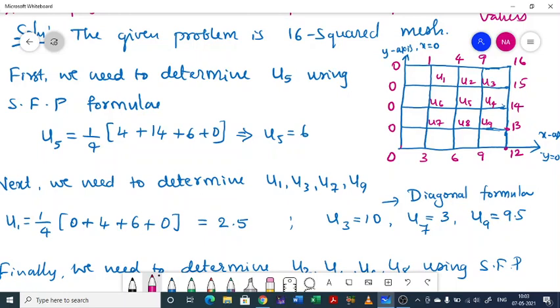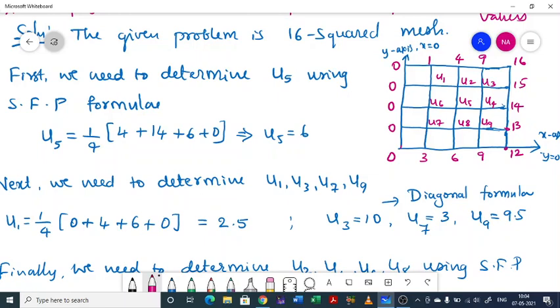Whatever the value we have right now for u2, that we have to use here. u2 plus u6, again u6 plus u0. Similarly you have to determine u2, it will be the average of u1 plus 4 plus u3 plus u5. After using the standard 5-point formula here, we got some other value for u1, but the same new value I have to use for determining u2.